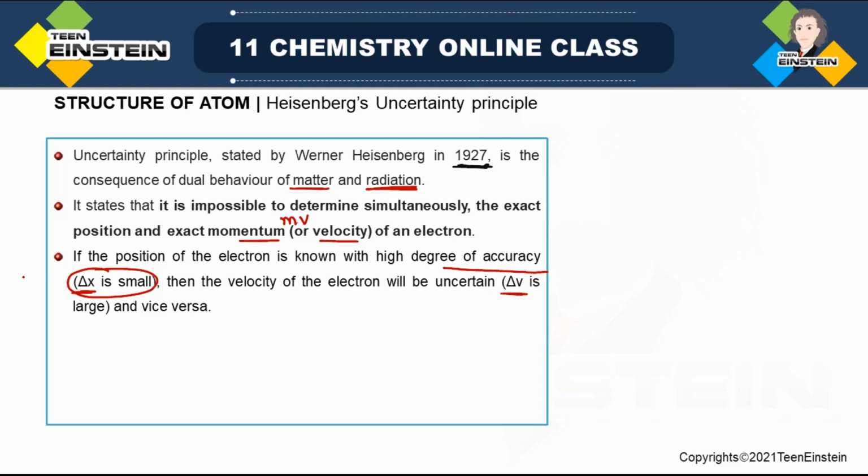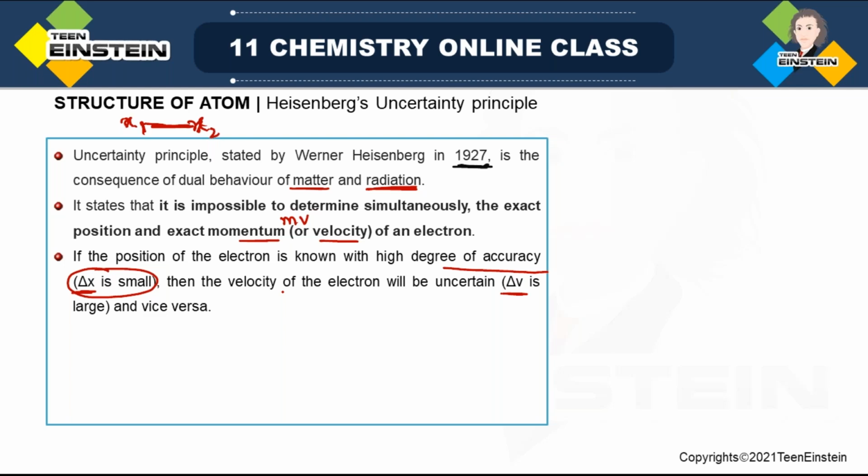Suppose the position is x1 to x2, so the electron will remain anywhere between these two points. So this range is del x. Del x small means we know very clearly the exact position, so a high degree of accuracy for the position of the electron.